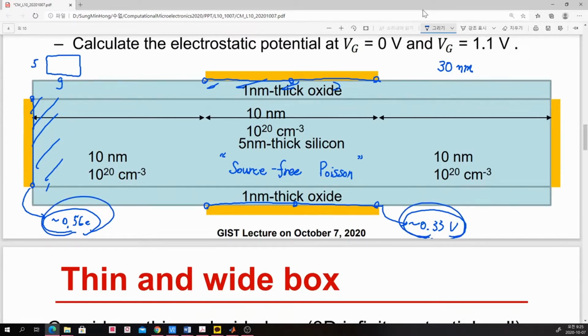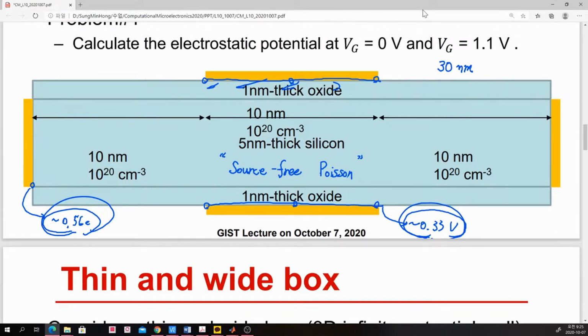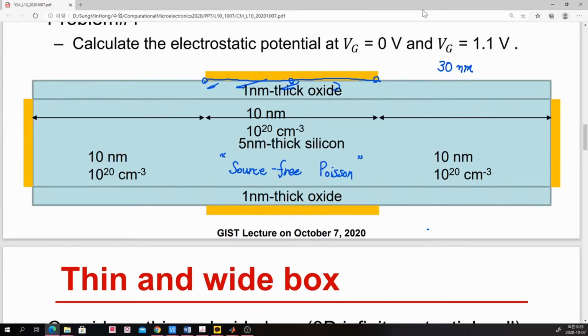So please check this source-free Poisson equation first, and once you get the correct image for it, then later turn on your charge terms inside your silicon area. Then you will get the working nonlinear Poisson solver for this system.